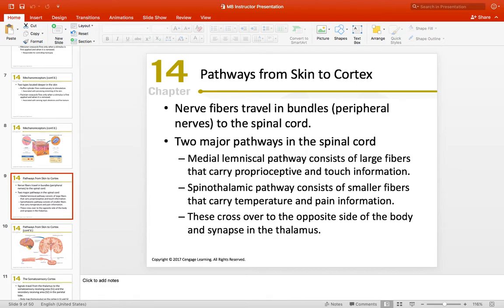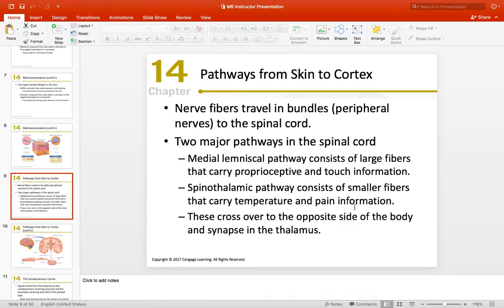So that information goes from the outside in, then up. And that's the sensory pathways, and that includes the medial lemniscal. And the medial lemniscal pathway carries proprioception, and also, for what we're talking about, touch. So as you touch something, as you touch the keyboard, you are activating the medial lemniscal pathway.